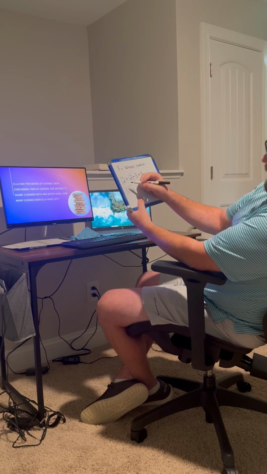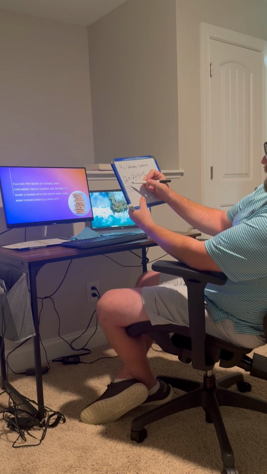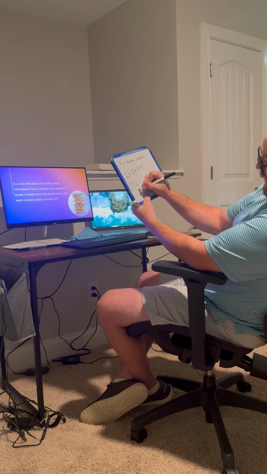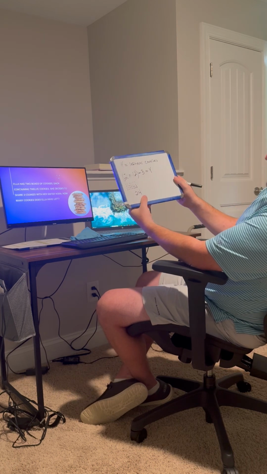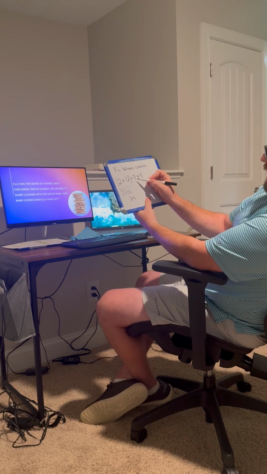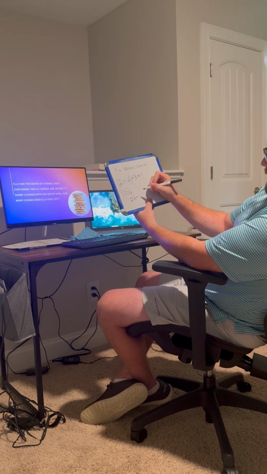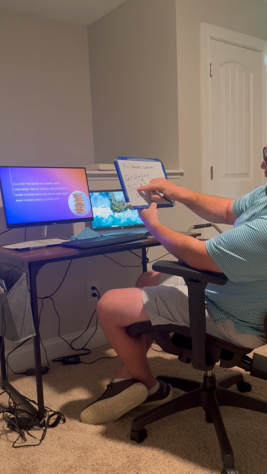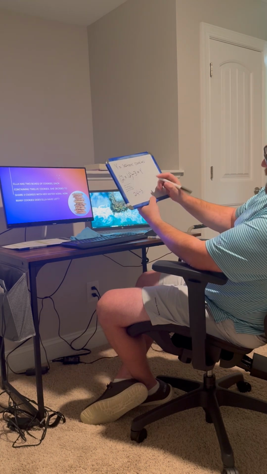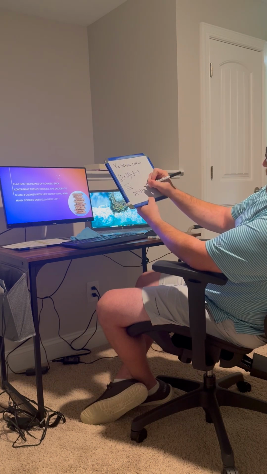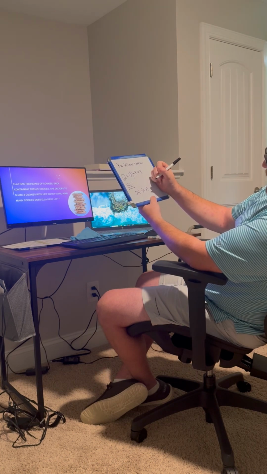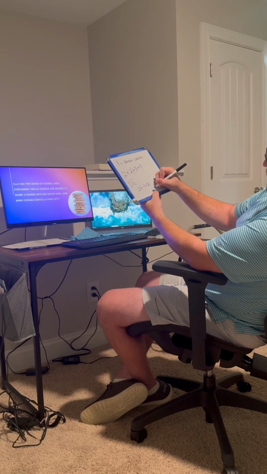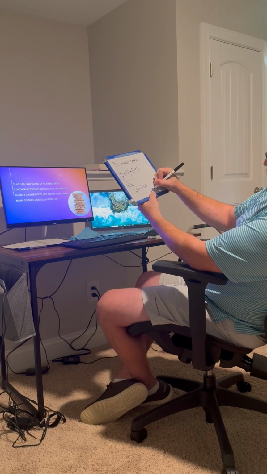So that means 24 will be our total number of cookies. And we know that we're taking away 3 because she's sharing with her sister. So we're going to say minus 3. We can take away 3 right here of our dots, leaving us with 21. So that means Y is 21.